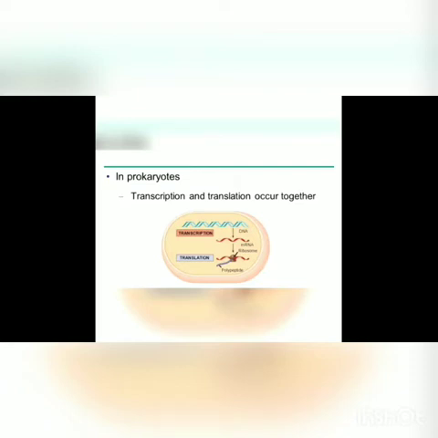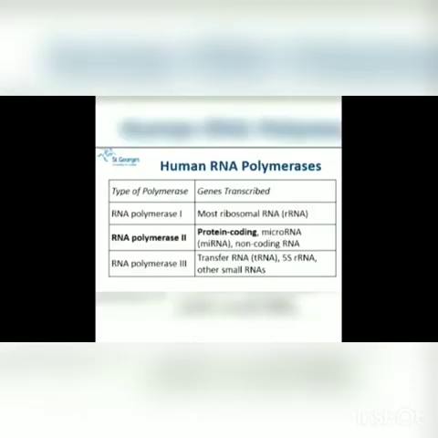In eukaryotes, there are at least 3 RNA polymerases in the nucleus, in addition to the RNA polymerases found in the organelles. So there is a clear division of labor. All will do different work.